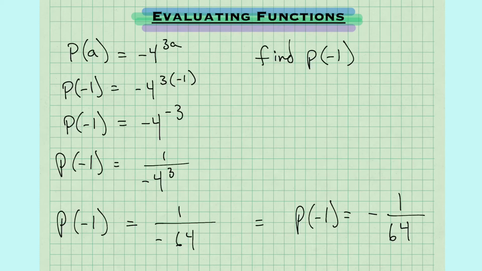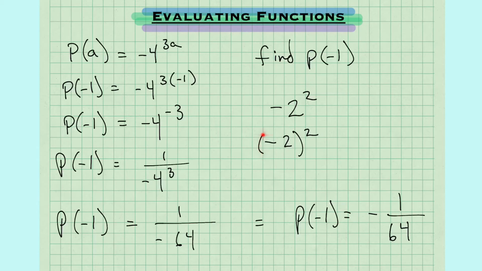Okay, I just want to point something out to you here with this negative sign. If I have negative 2 squared, written without parentheses, that's different from (negative 2) squared. They look similar, don't they? But they're not.